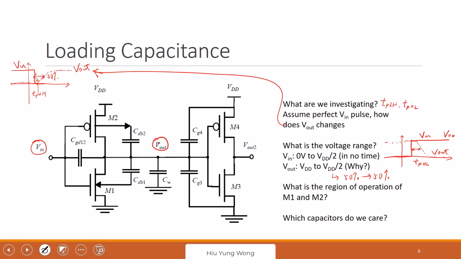Let me just use this one, the red. This one is already at VDD, right? Because it takes no time to get to VDD. Okay, but how about this one? This one is still waiting to go from VDD to VDD divided by 2, but it takes time, right?